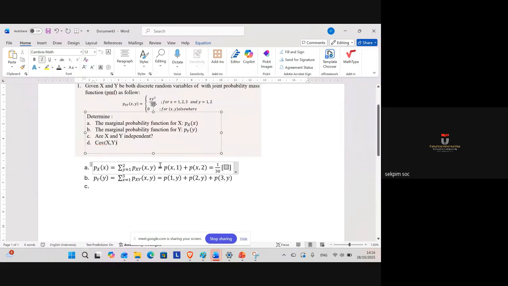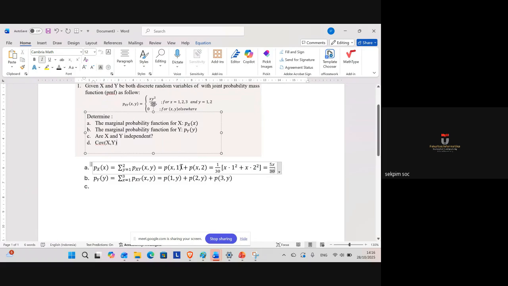And this one is just, with y equal to 1, x times 1 squared, plus x times 2 squared, which equals 1x plus 4x, so you get 5x over 30.